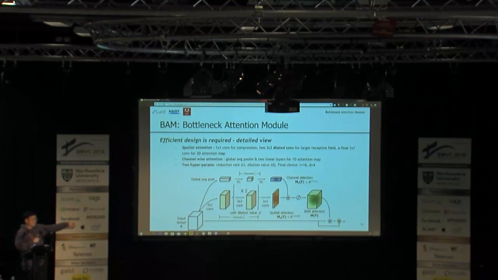We did it this way too, and we tried not using the skip connection, and adding the skip connection showed better performance. So we just kept this architecture. Do you have any idea why? I think the important factor is the gradient flow. I think it follows the same philosophy as the residual network. Yeah. Thank you.